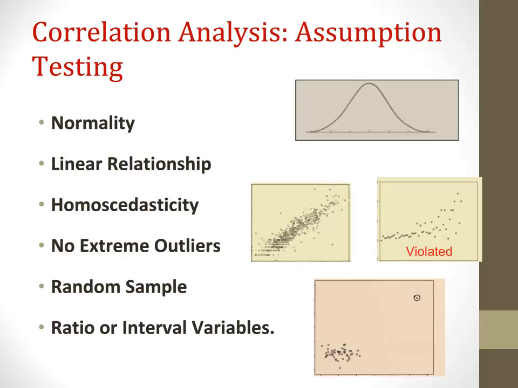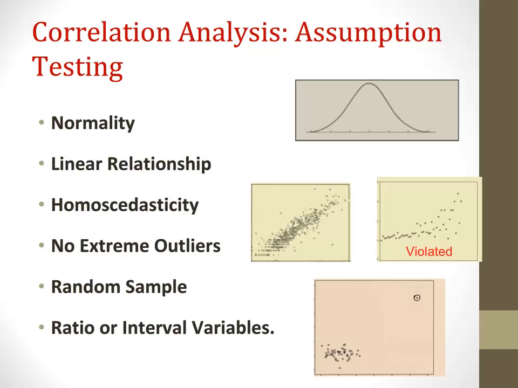If you have a bivariate normal distribution, what you'll see is a symmetric elliptical pattern. Bivariate normality indicates that the scores on one variable are normally distributed for each value on the other variable and vice versa. So that covers normality. You're looking at normality in each distribution, and you're also looking at bivariate normality for a Pearson's r.